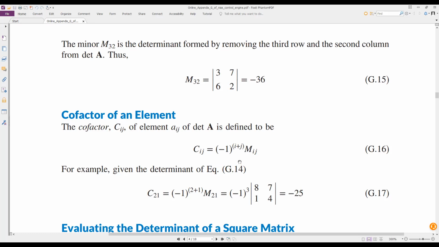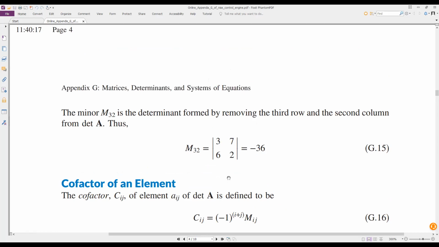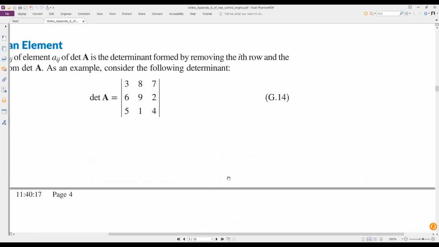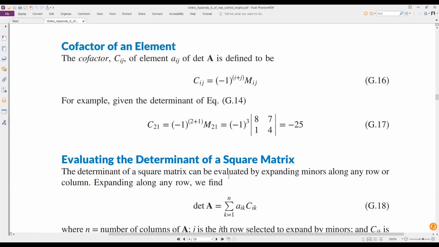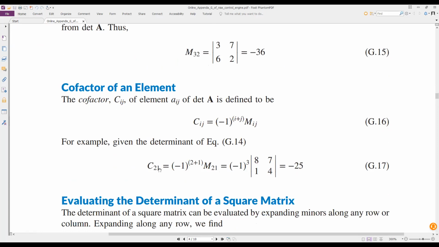So it will be plus 36. Now, what is the cofactor of 2, 1?